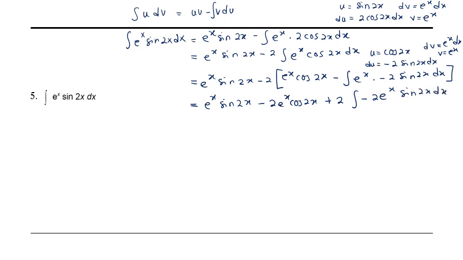Okay, so boleh simplify lagi. So eksponen x sin 2x tolak 2 eksponen x cos 2x tambah tolak-tolak 2 darab 2, 4 integrate eksponen x sin 2x dx.